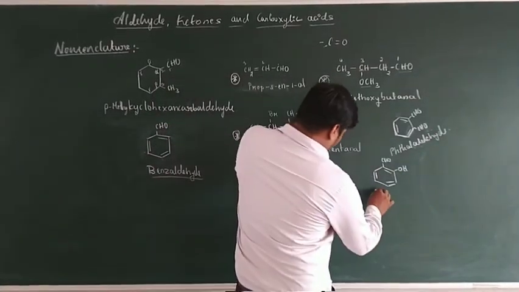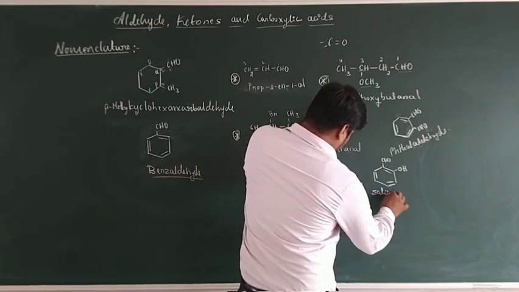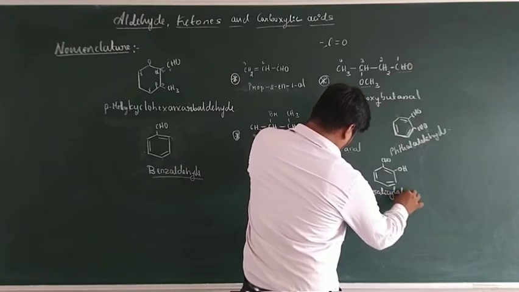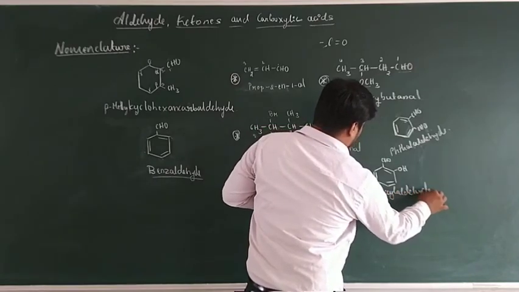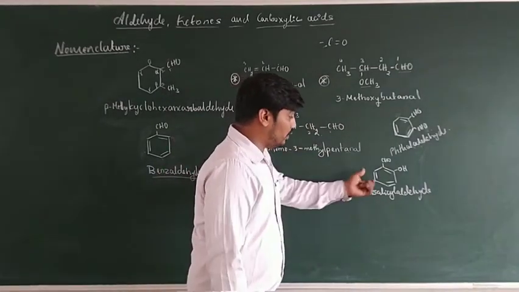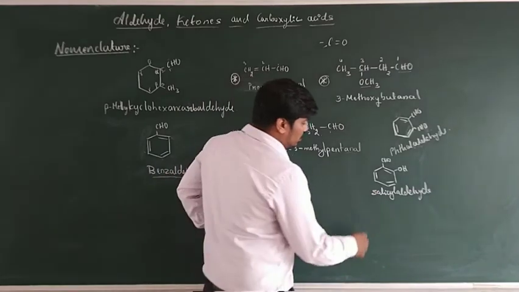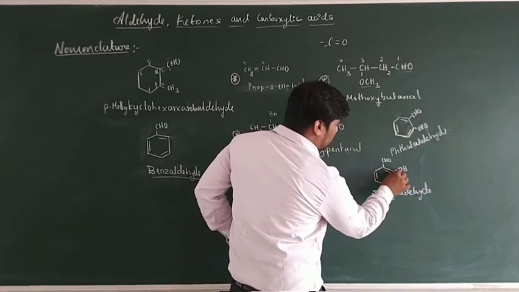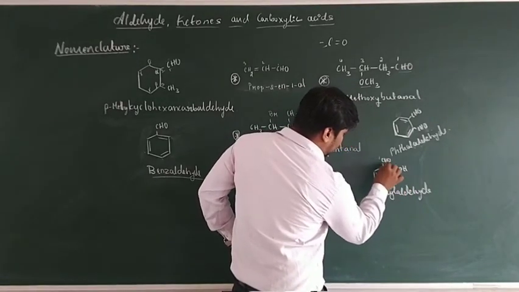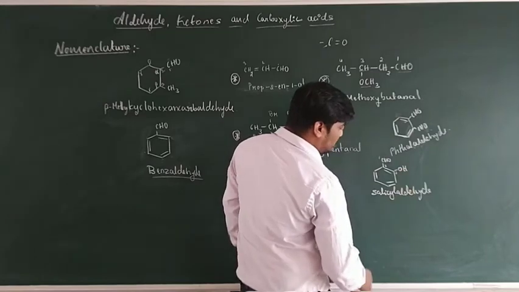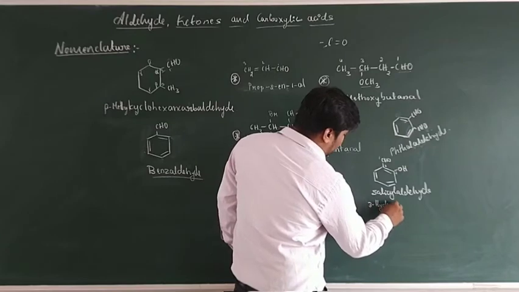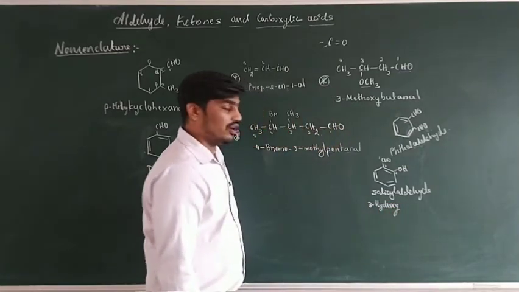The common name is salicylaldehyde, and the IUPAC name is: it contains hydroxy on the ortho position, so the second carbon, sorry, the third carbon, 3-hydroxy. Why does it become 3-hydroxy?